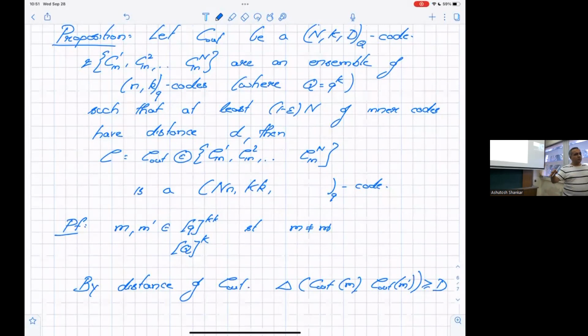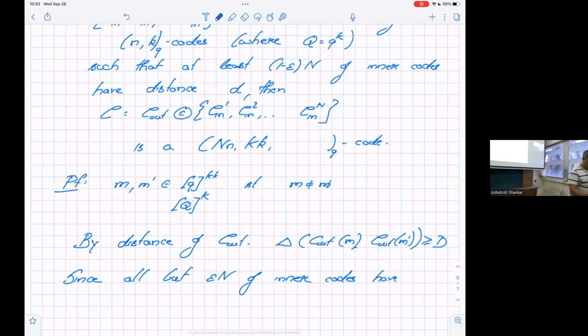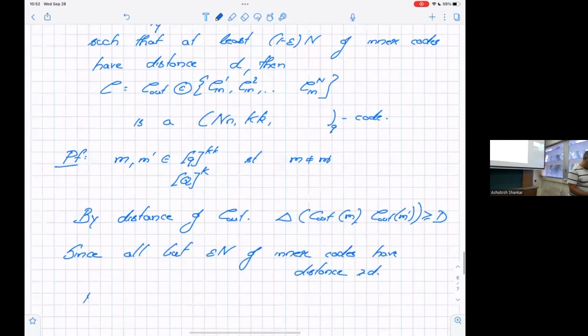Now, these D positions could be anywhere. You're possibly losing out on epsilon n fraction of them. But for the epsilon n inner codes that are bad, for the rest you know that you continue to get distance. Therefore, since all but epsilon n of the inner codes have distance at least d, what will be the distance of the final code?